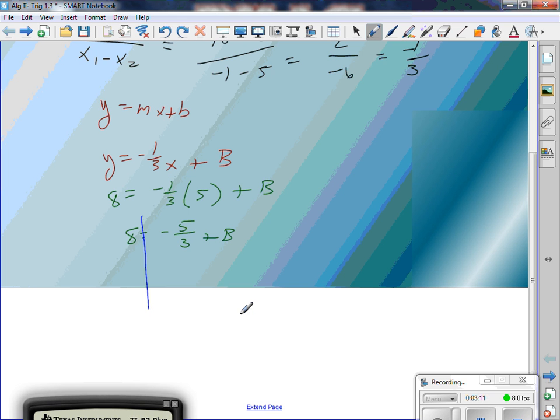Where's your variable? B. I have to get B by itself. So I have to move the -5/3. Add 5/3. Add 5/3. So B equals, now what's 8 plus 5/3?